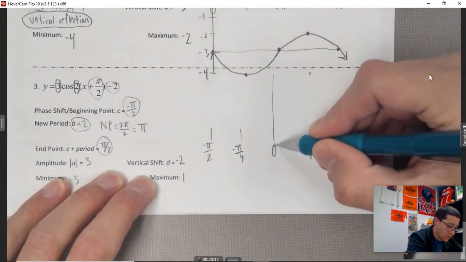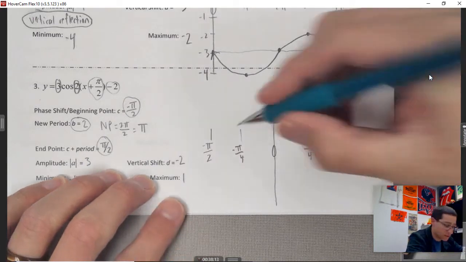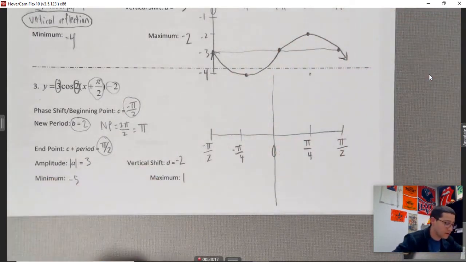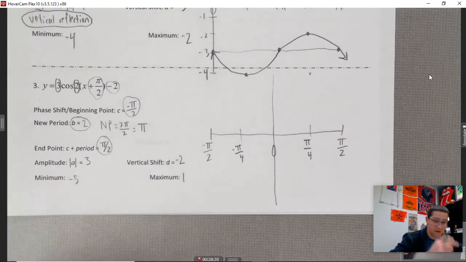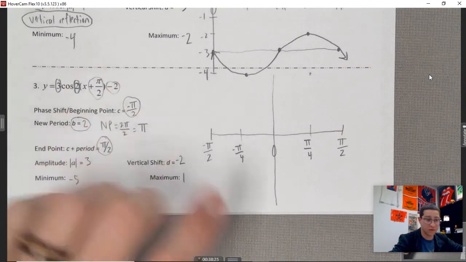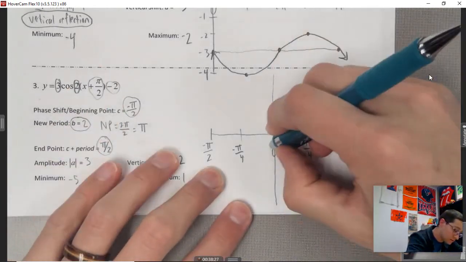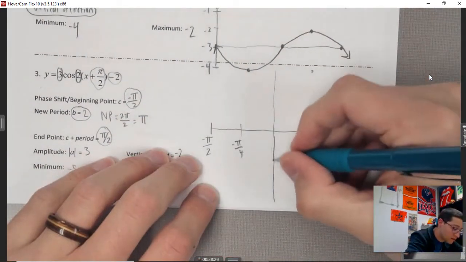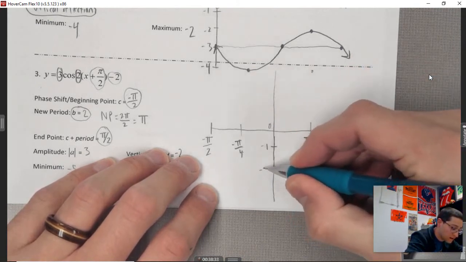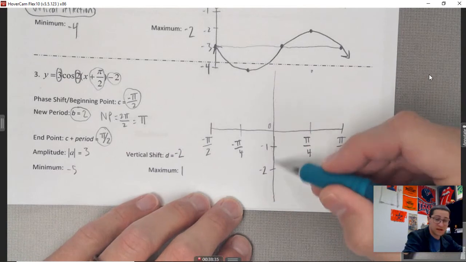This is my y-axis, right, 0. Okay, got our x-axis. Okay, we're going to be working with baseline. I like to think about it as that baseline when we have a vertical shift. So let's just be more specific. That's your 0. Okay, that's your negative 1. That's your negative 2. Baseline is here.